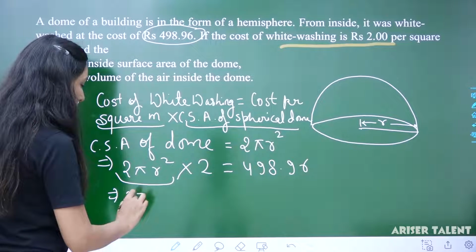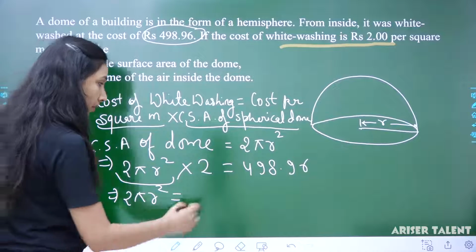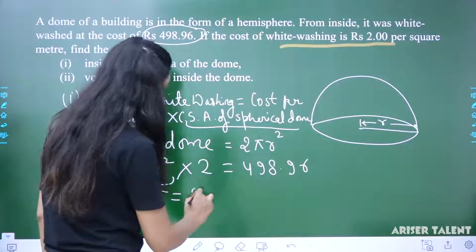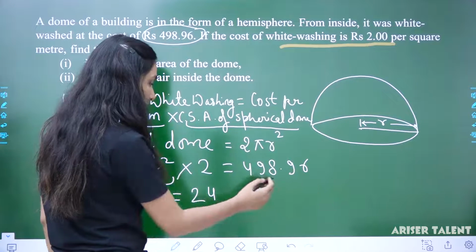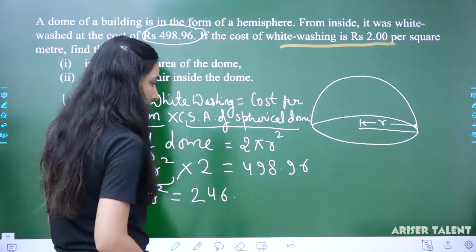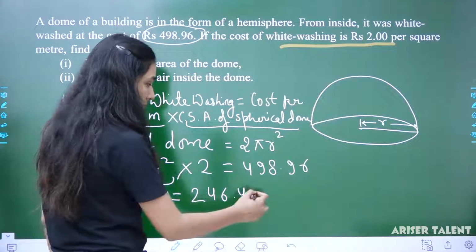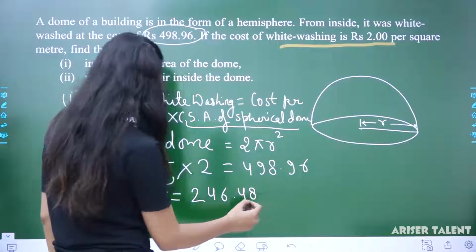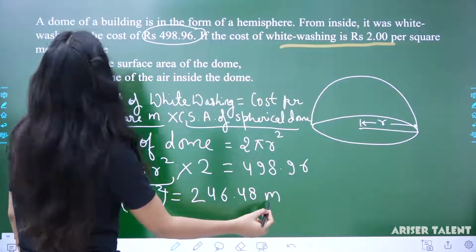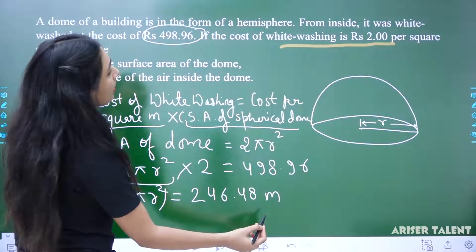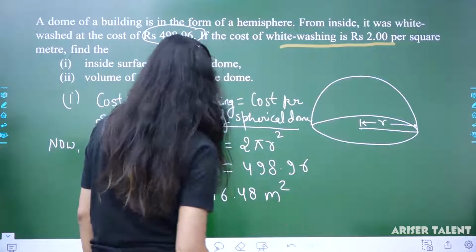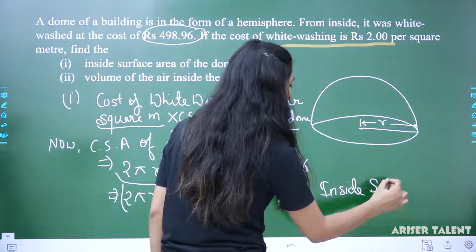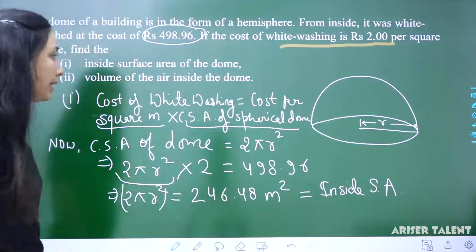This implies that 2 pi r square is equal to 498.96 divided by 2, which is 249.48 in meter square, equal to the inside surface area.